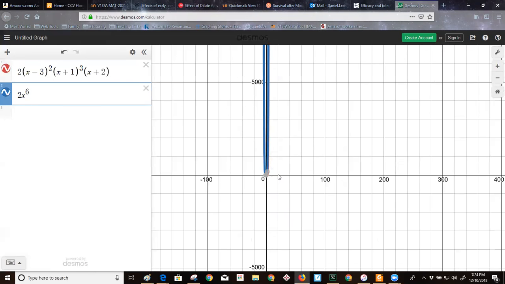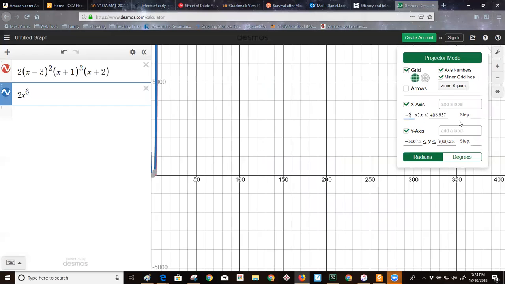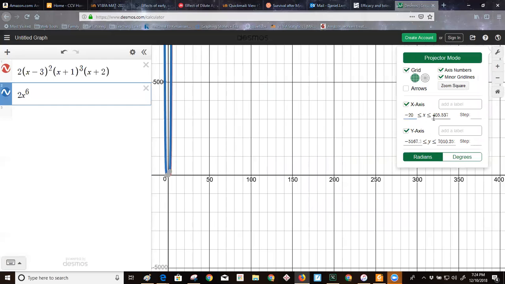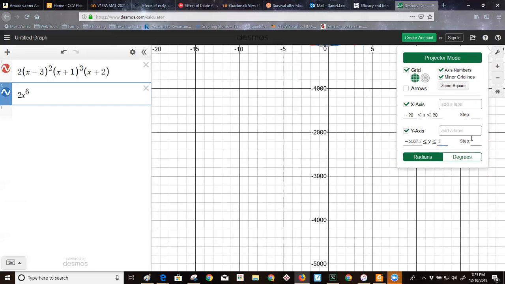We could probably even change our window to make it look a little more convincing. What if I go from negative 20 to positive 20? And then I go up with my y. How high will it let me go?